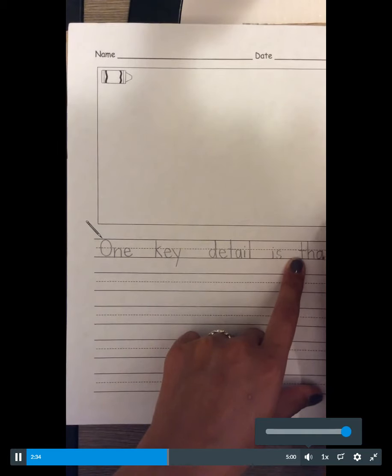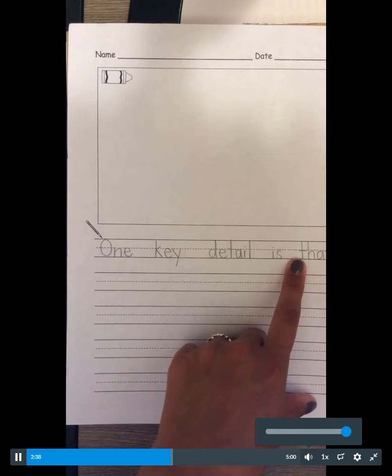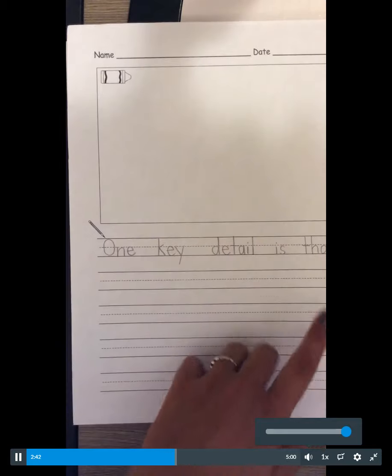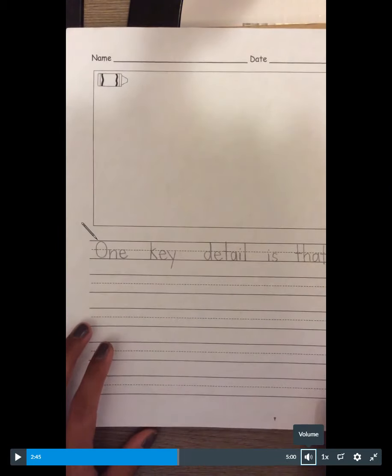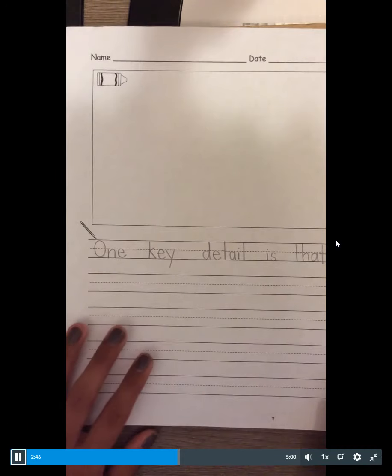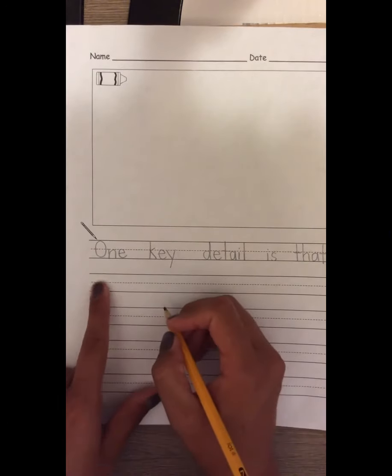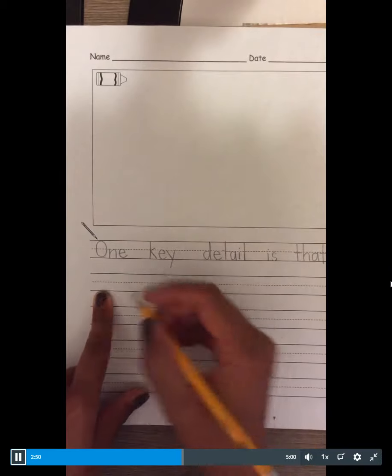and this is a sight word, so we should start to learn how to spell this one if you don't know already how to. One key detail is that, this next word is a tough one. I do know how to spell this word. However, I do not expect you to know how, so you can follow along with me.